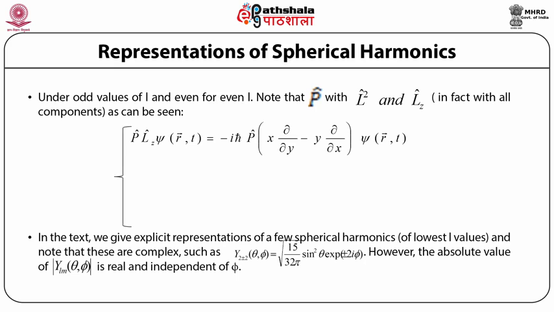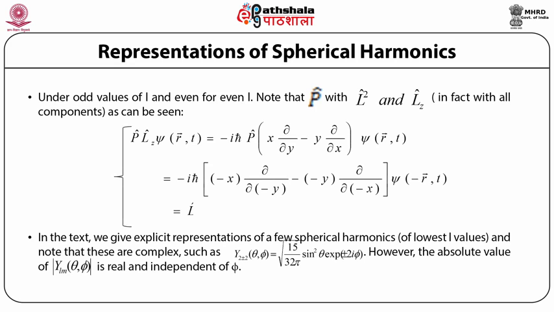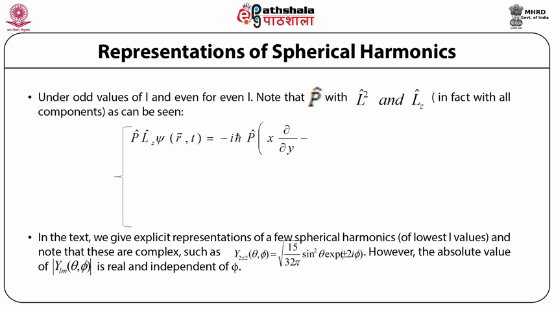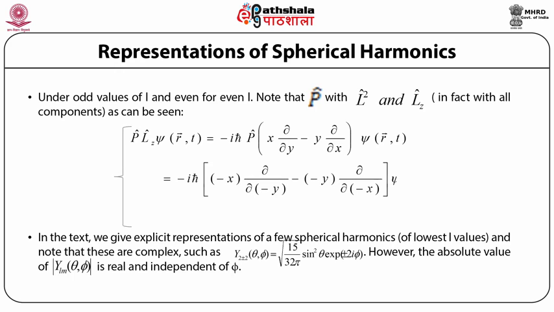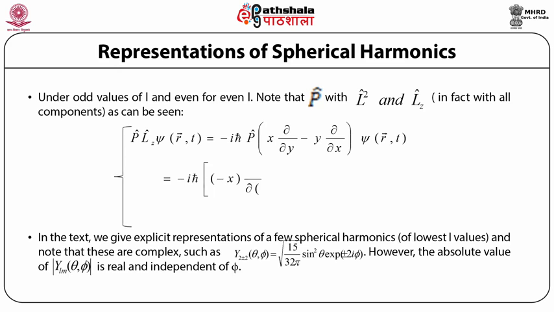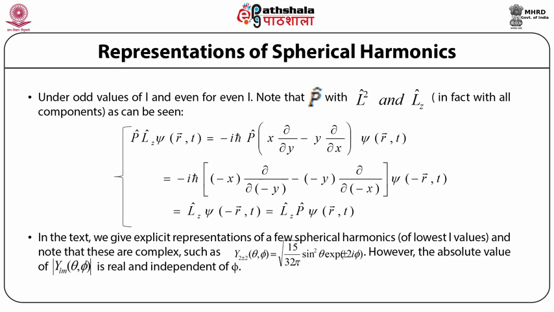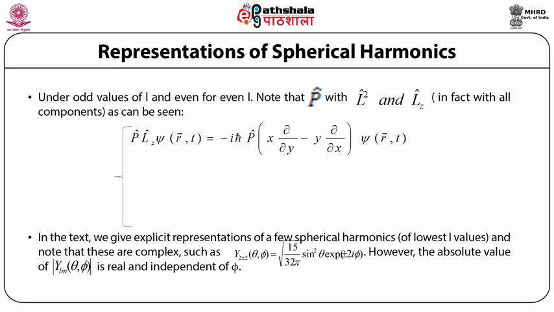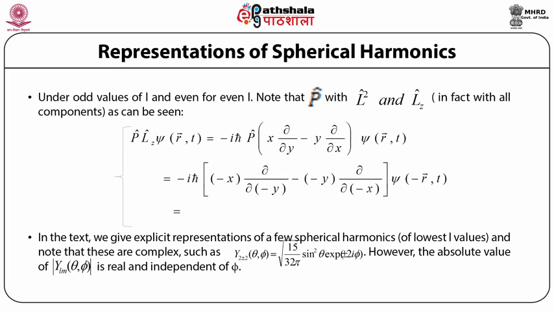And from this one can also get explicit representations of a few spherical harmonics of the lowest L values, and looking at these one can note that these are complex. So for example, the spherical harmonic Y_2,plus minus 2(theta, phi) is equal to the square root of 15 by 32 pi times sine squared theta times exponential to the power plus minus twice iota phi.